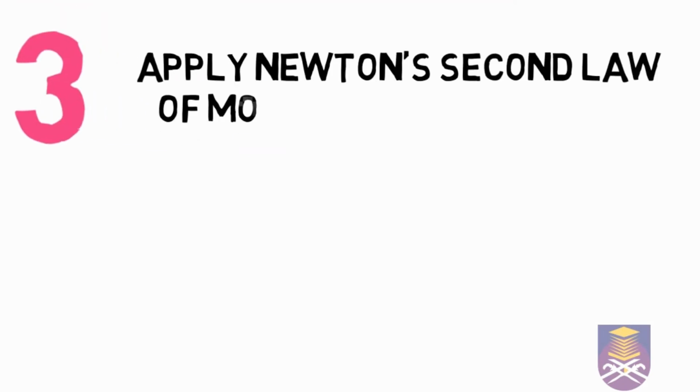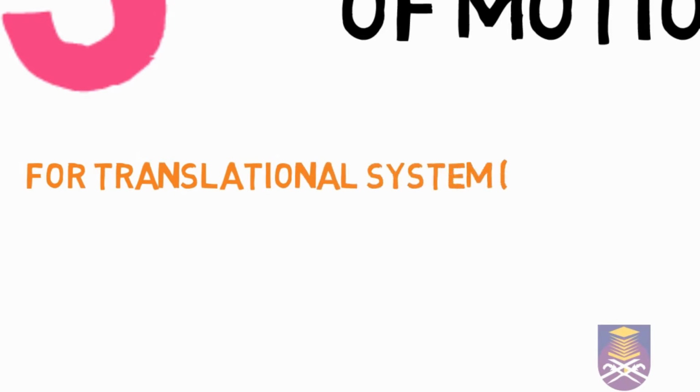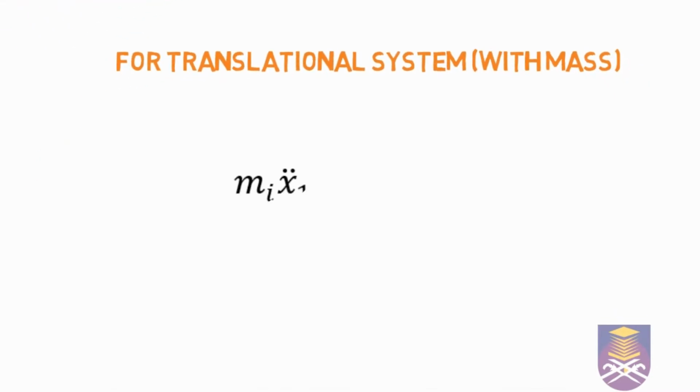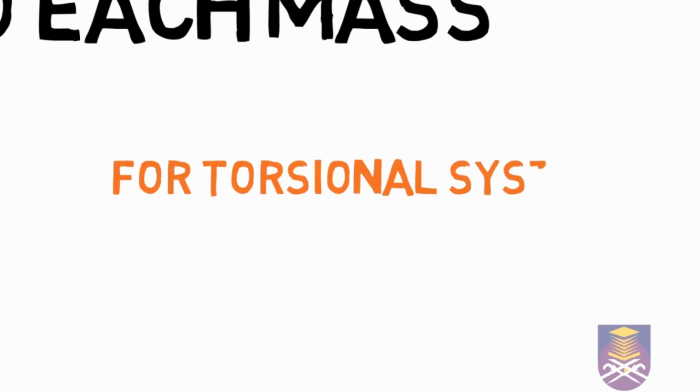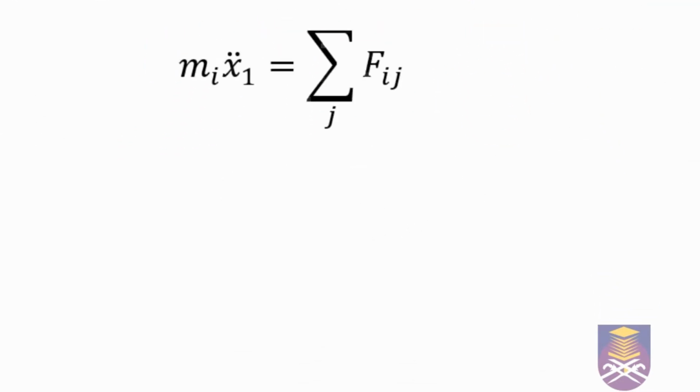Then, we apply Newton's second law of motion to each mass. For a translational system with mass, m x double dot equals the summation of force, and for a torsional system, J theta double dot equals the summation of moment.